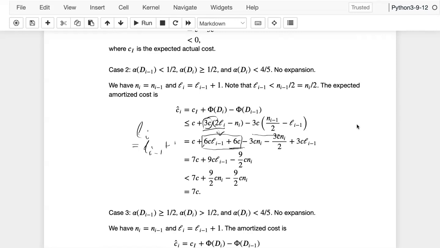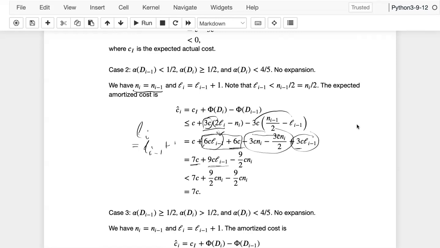Remember n sub i is equal to n sub i minus 1, and this c going there, so you get plus. We merge c and 6c, so we get 7c. We merge 6c l sub i minus 1 with 3c l sub i minus 1, we get 9c l sub i minus 1, and then merge these two together, so we get negative 9 over 2 c n sub i.